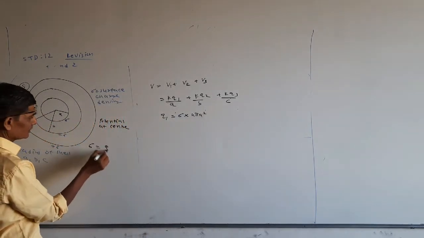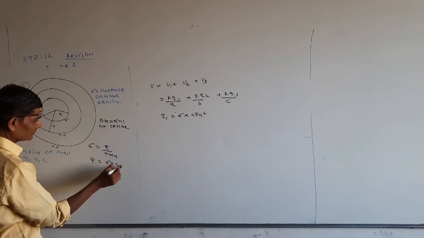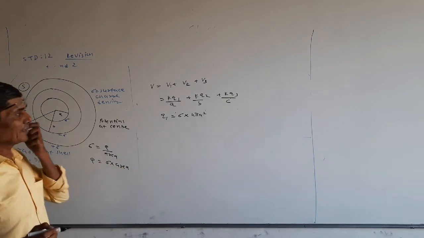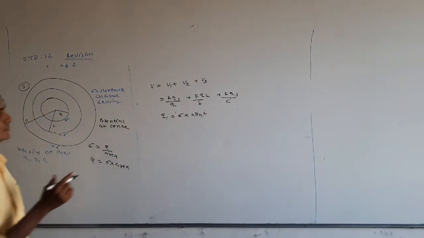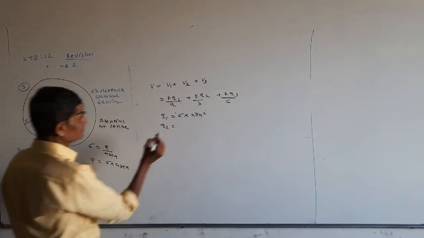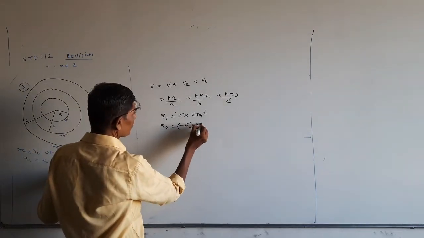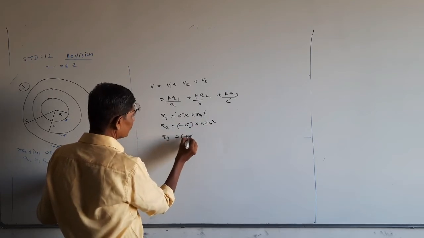Sigma is Q upon area, so charge is sigma into area. Here the radius is A, so Q1 will be sigma into 4 pi A square. Q2: here sigma is negative, so minus sigma into 4 pi B square. Again for Q3 it is plus.